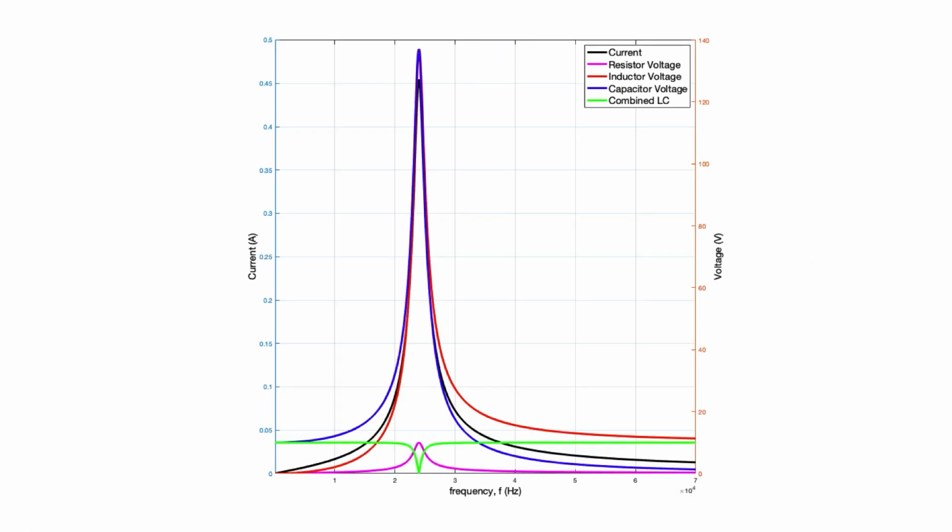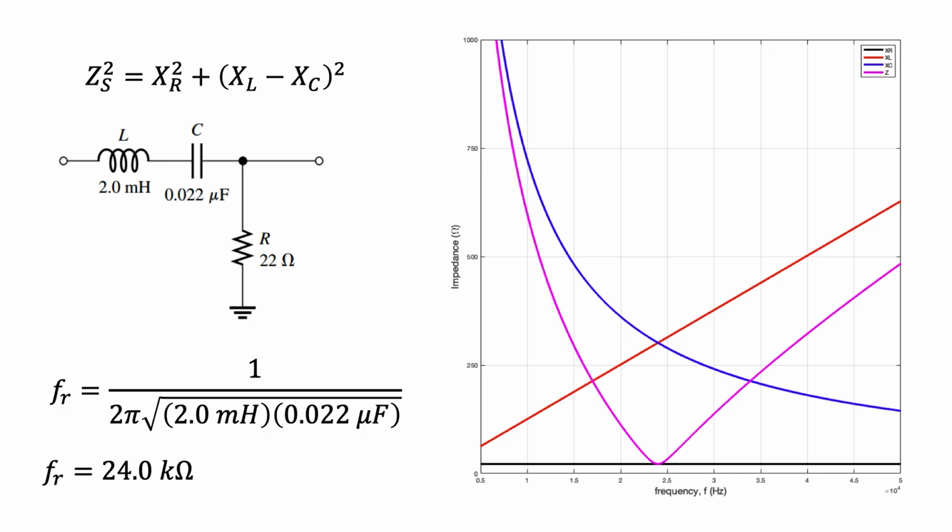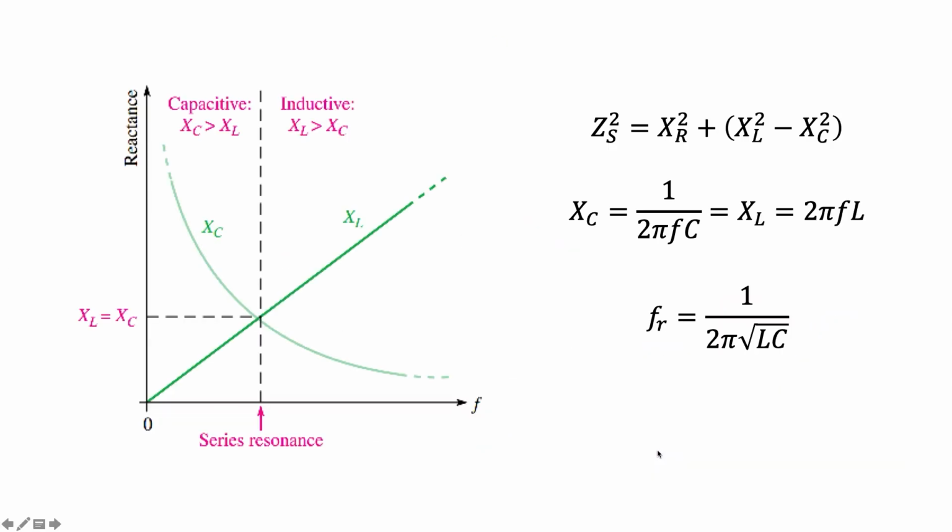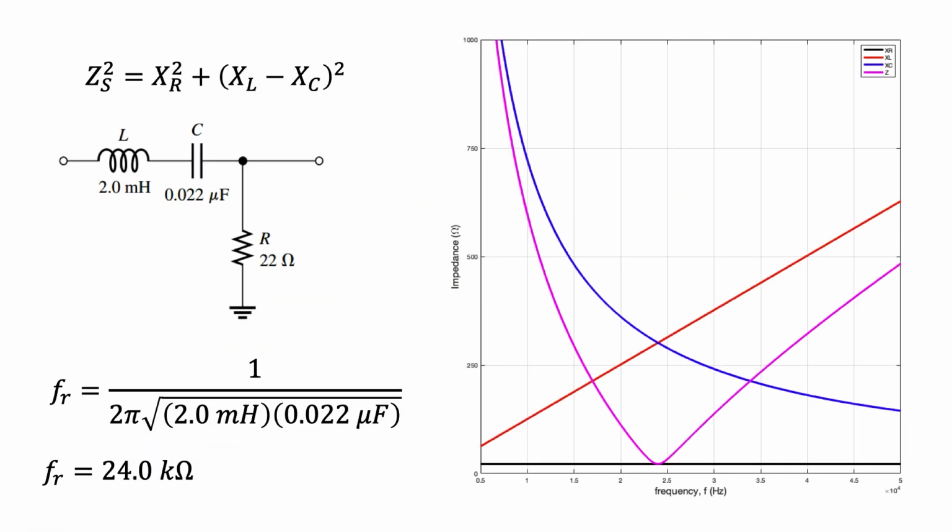At the resonant frequency, XC is equal to XL, and therefore Z is equal to R, as you can see from the figure.